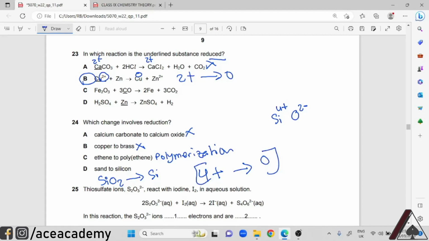As a result, this is reduced from 4 plus oxidation state to 0 oxidation state. Option D is the answer.